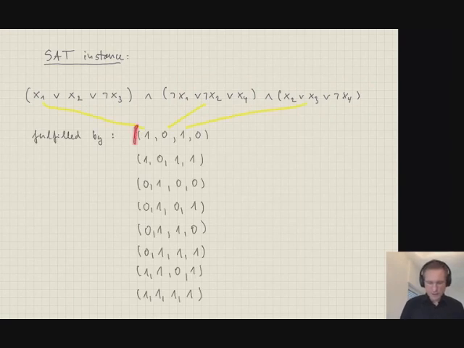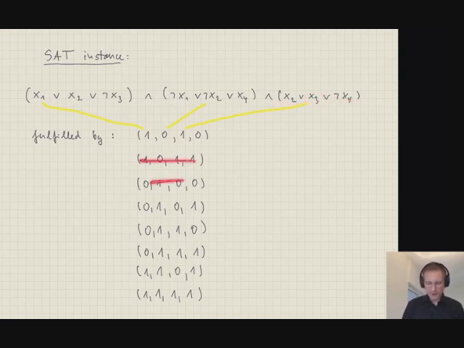So for instance, if I choose as truth assignment true, false, true, false for the variables x1, x2, x3, x4, then for example, x1 being equal to true already makes sure that the first clause will be fulfilled because of this literal here. x2 being equal to false fulfills the second clause because not x2 will be true. x3 equal to true fulfills the third clause because of this literal x3 here.